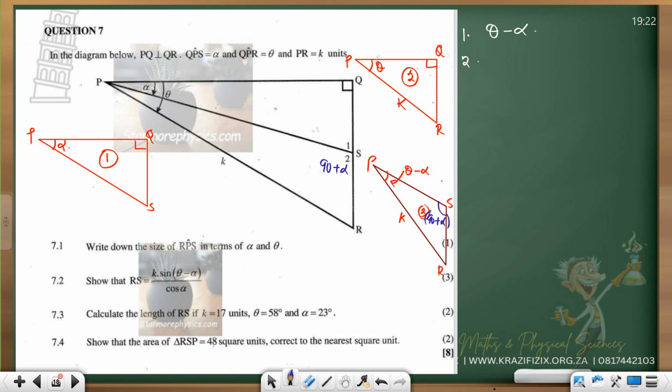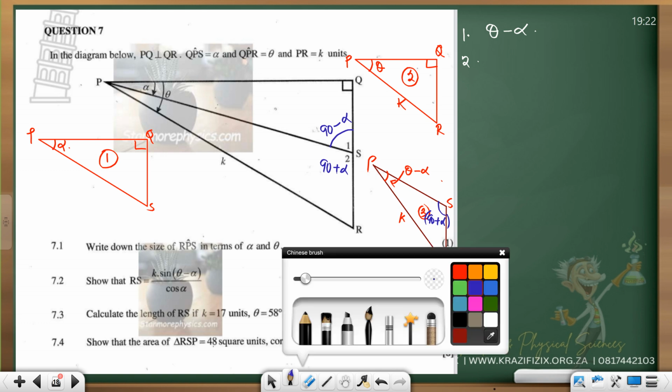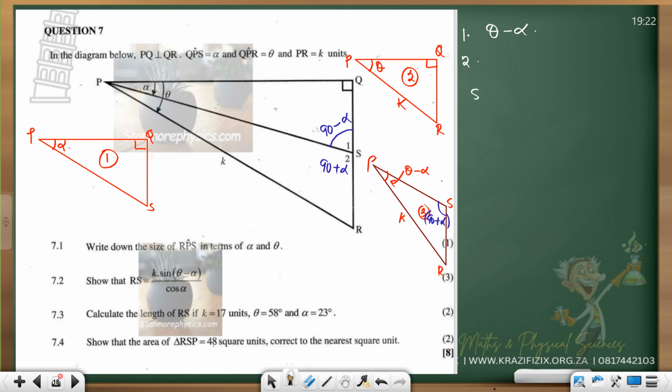Even if you don't see that, look, you can work out this one. What is this? 90 minus alpha. Then say angles on a straight line. For somebody who is not seeing that, S1 plus S2 equals to what? 180. What is S1? 90 minus alpha.